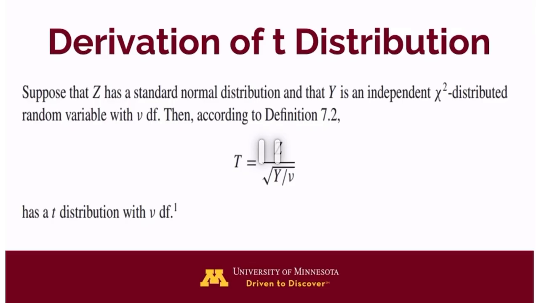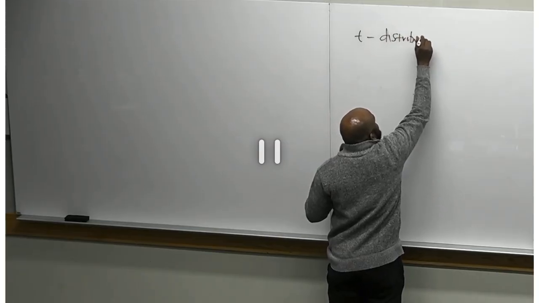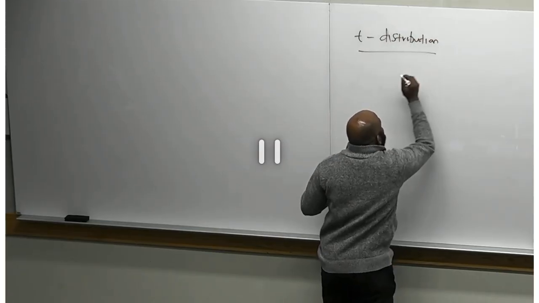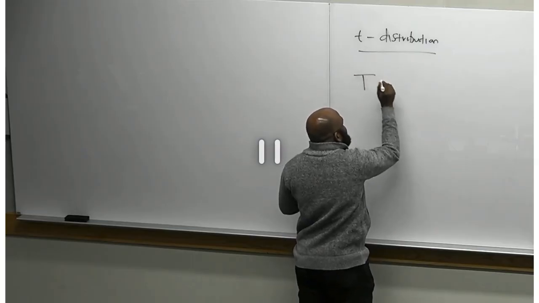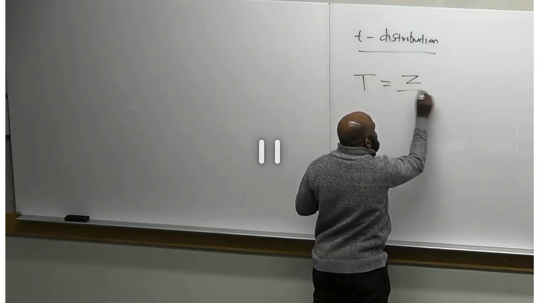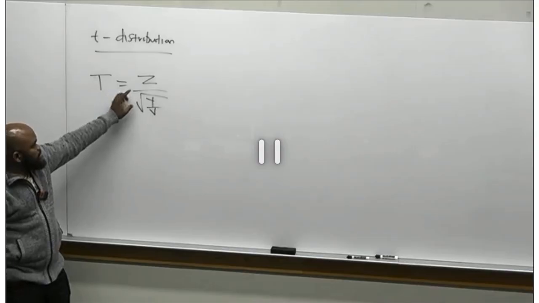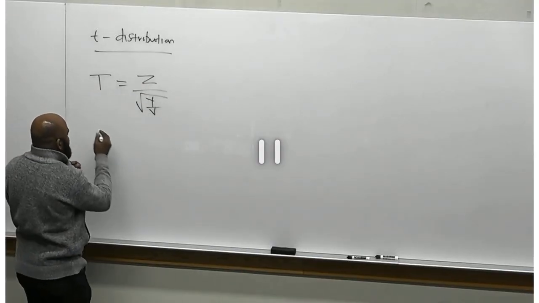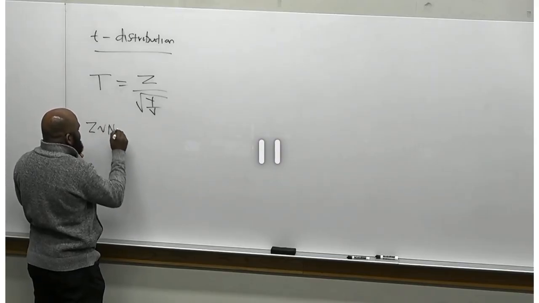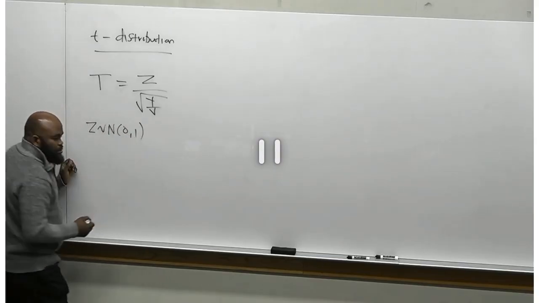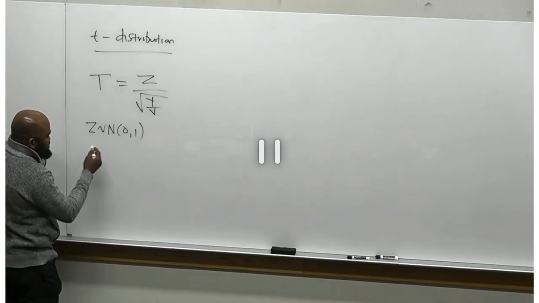Okay, so we want to derive our T distribution, like I said. And we realize that this is the origin. We are told that Z follows a normal distribution with mean 0 and variance 1.